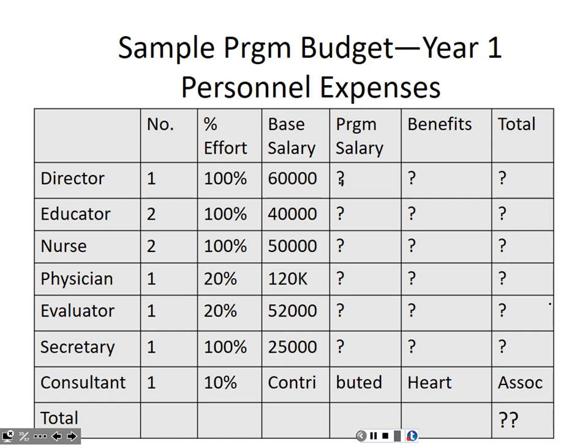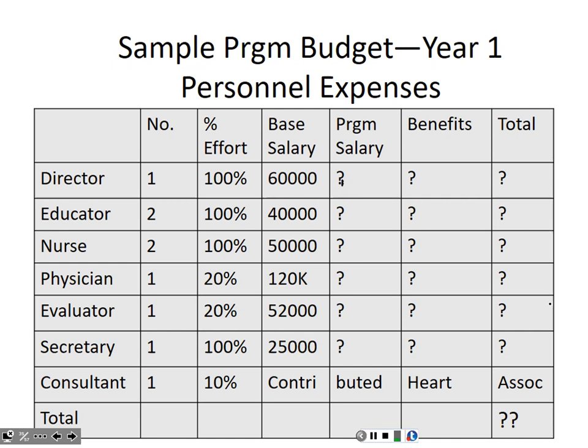Okay? Yeah, sure. Do you have a question? Oh, yeah. For the total, for the educators and nurses, are we doubling that in the total? Yes. Totally, you just add them together. So the question was for the health educators and the nurses.